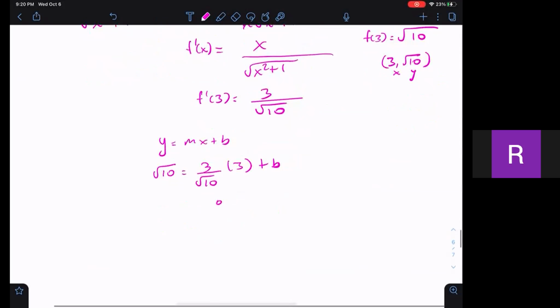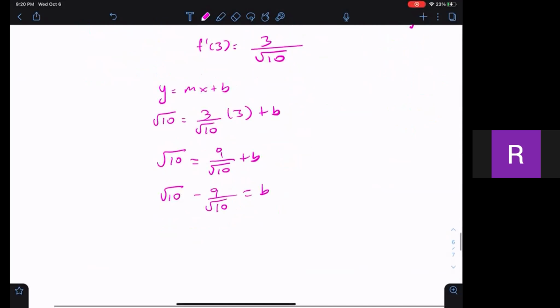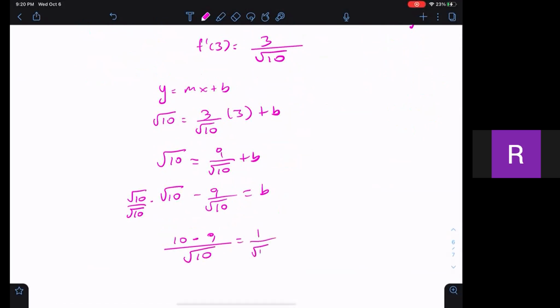So that's going to be 9 over root 10 plus b equals root 10, right? Subtracting, b equals root 10 minus 9 over root 10. Multiply top and bottom by root 10 to find a common denominator. That's going to be 10 minus 9 over root 10, so that's going to be 1 over root 10. That's b, the y-intercept.